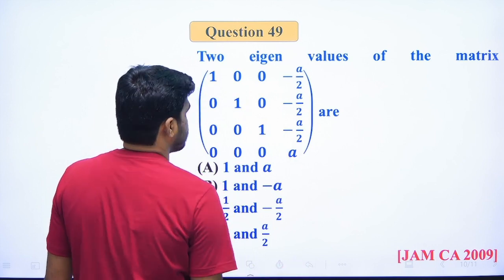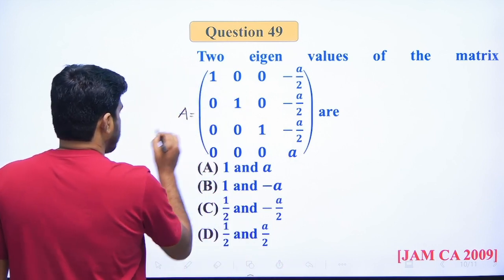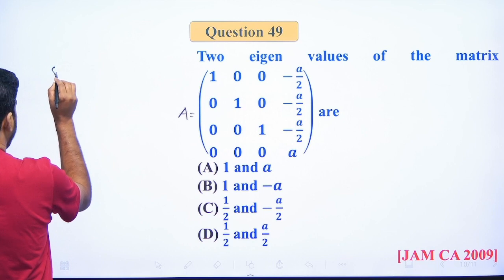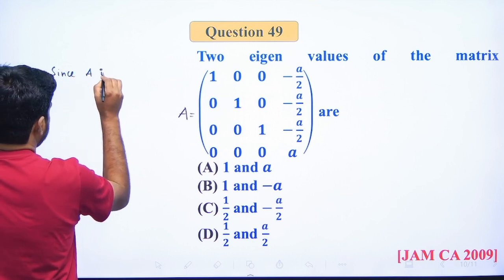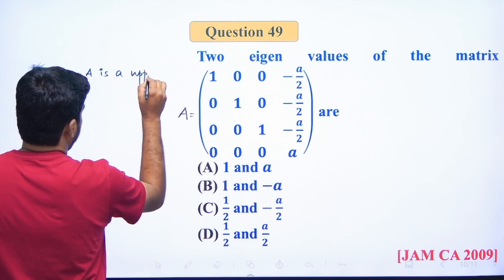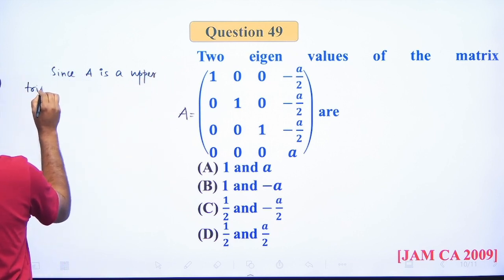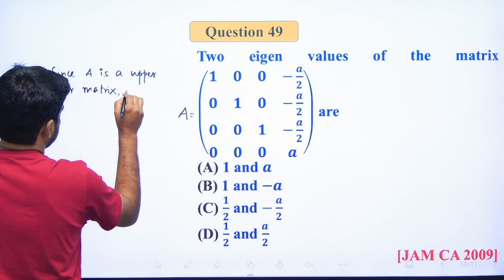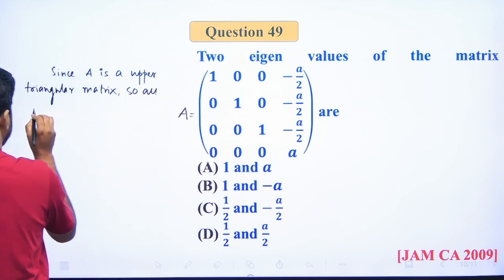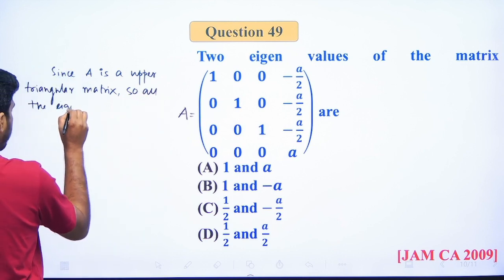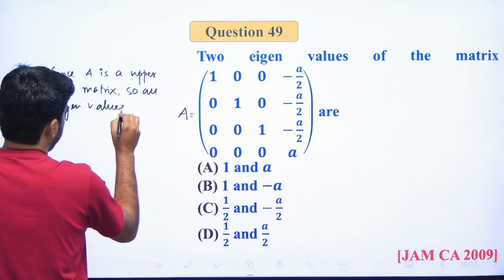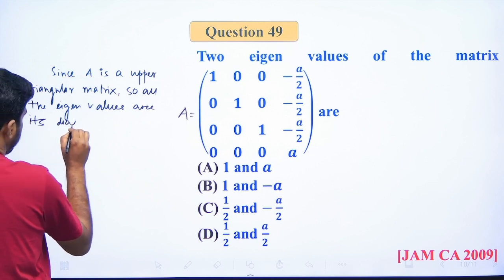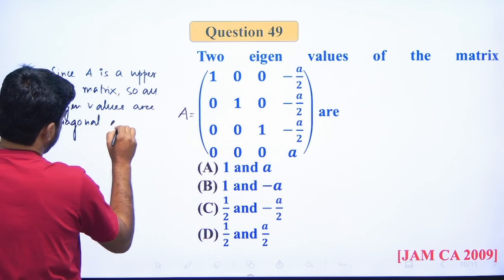Suppose this is the matrix A. Since A is an upper triangular matrix, all the eigenvalues are its diagonal elements.